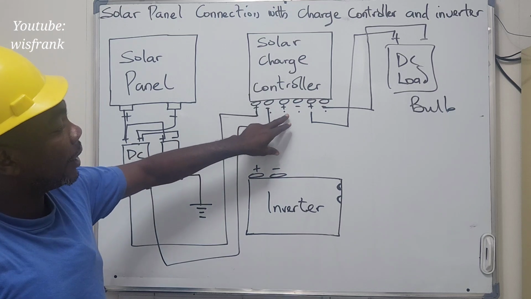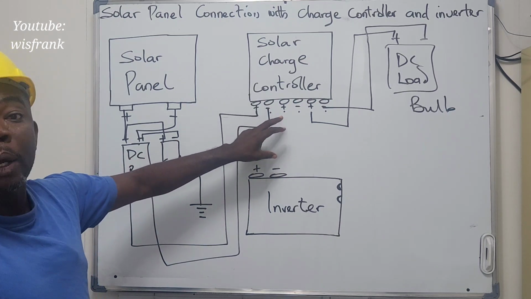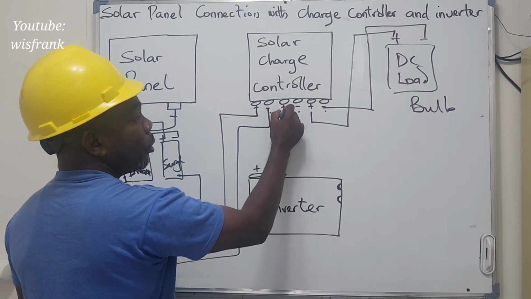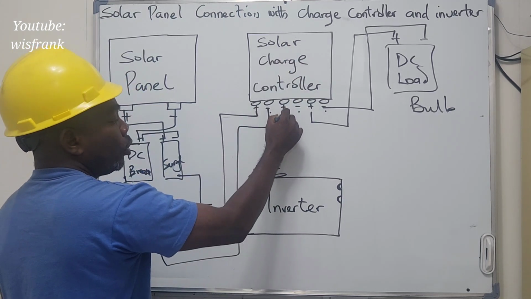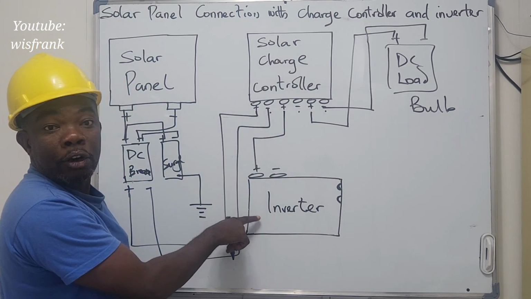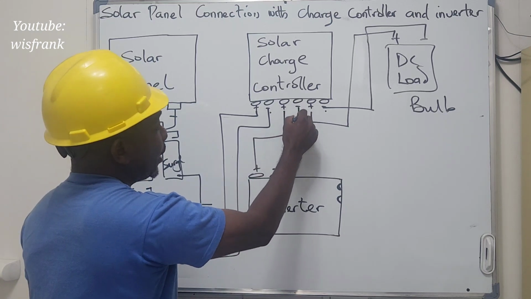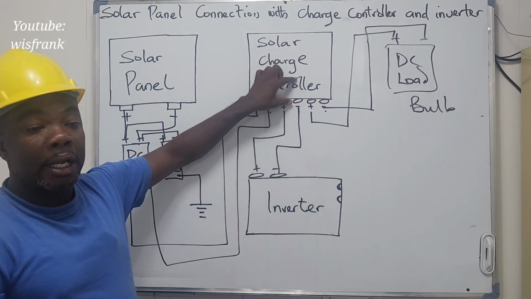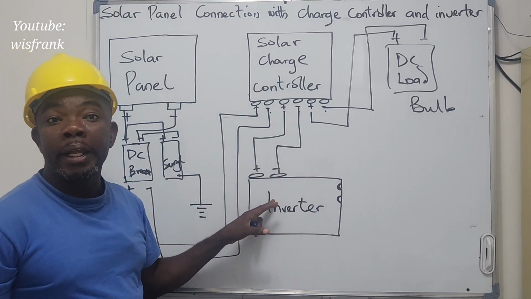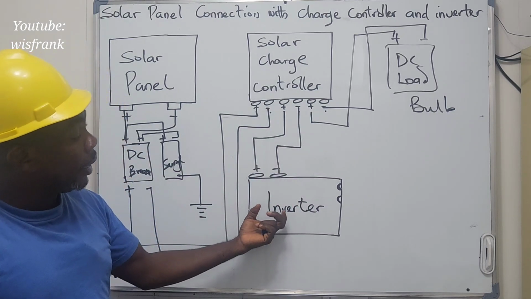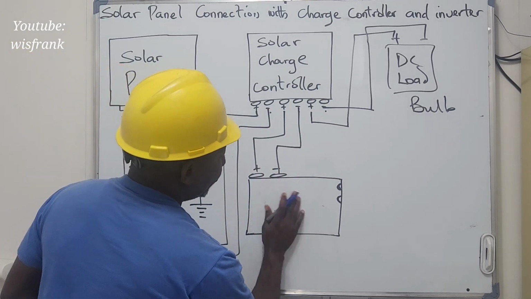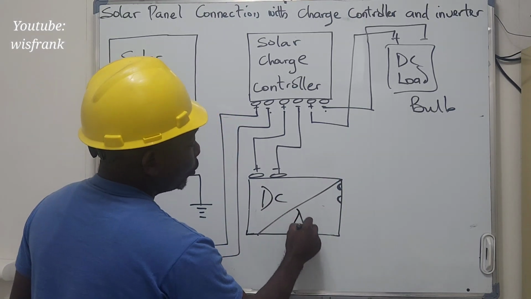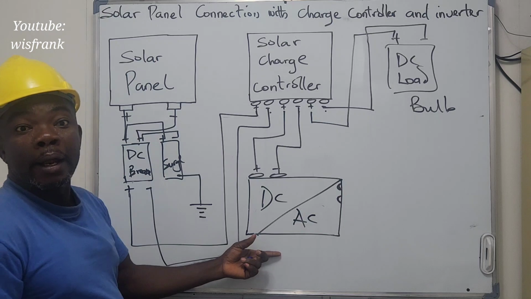So you see have another terminal here. This terminal will be connected to the inverter. So here you have the positive side of the charge controller, which will be connected to the positive terminal of the inverter, and also the negative terminal from the negative terminal of the charge controller to the negative terminal of the inverter. So here the inverter is in this form where it has a DC input and also has a AC output.